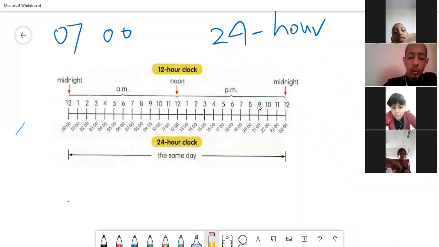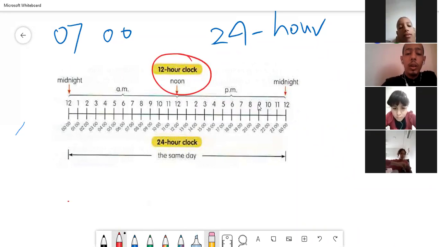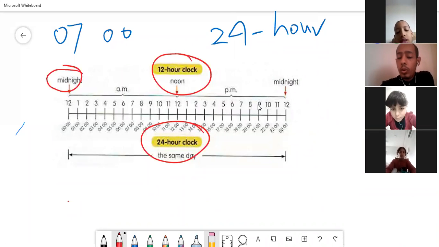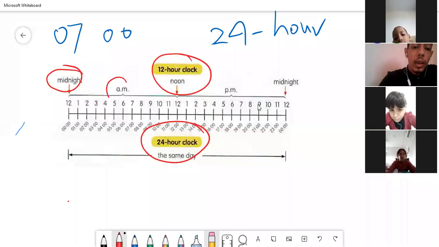We have the 12-hour clock and the 24-hour clock. When it is 12 midnight, we say it is 12. Midnight in Arabic is muntasaf al-layl. When it is 12 in the night, we say it is 12 AM.